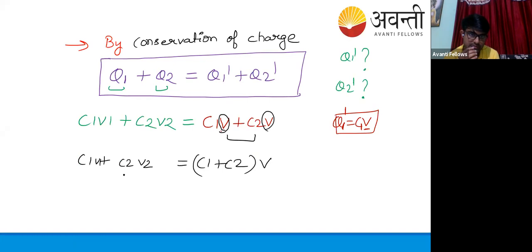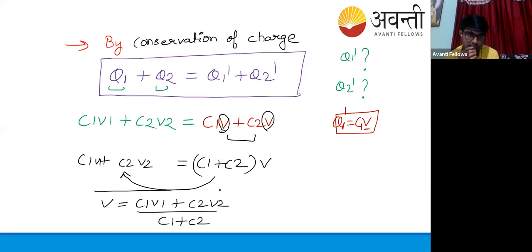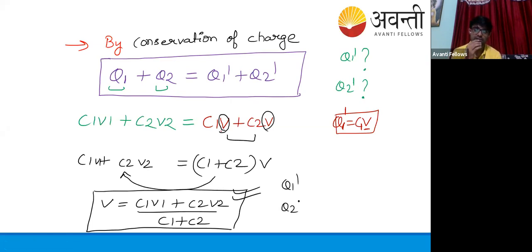Substituting it in the denominator, the common potential will come out to be C1 V1 plus C2 V2 upon C1 plus C2. Now by using this common potential, we will find the charges Q1 dash and Q2 dash. These are the final, stable charges appearing on the plates of the capacitors when they are connected together.